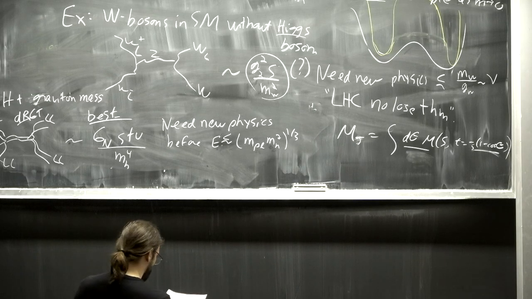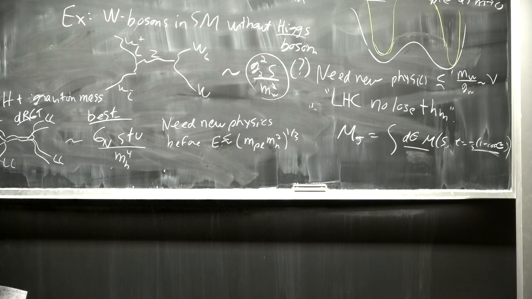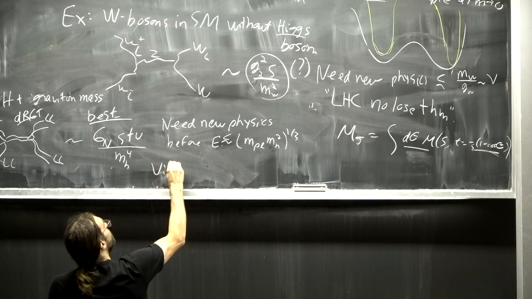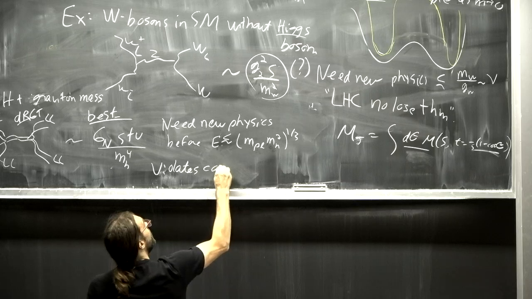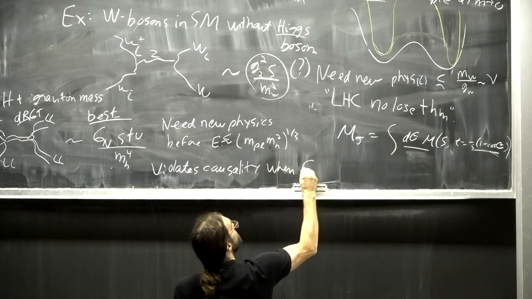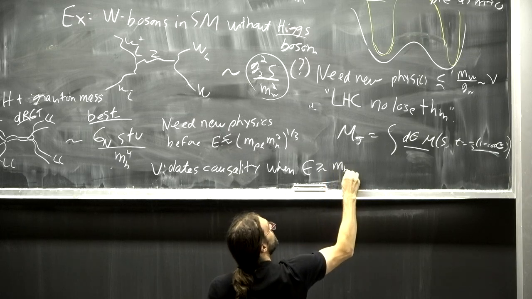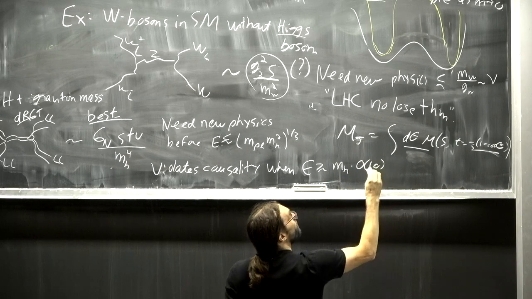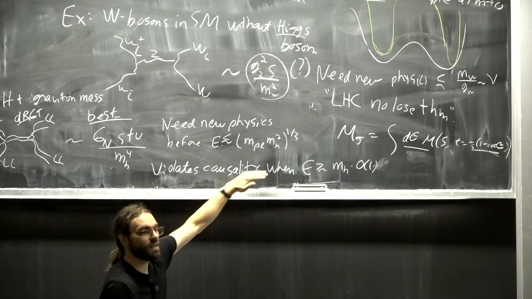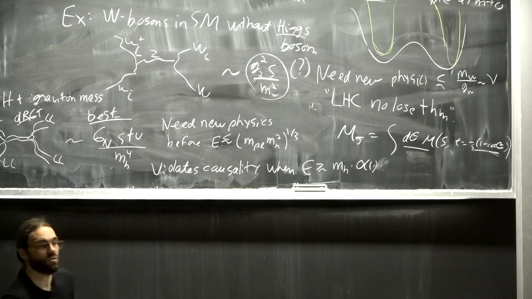It turns out, and this is something that's been done only 2 years ago, and it's going to draw me to my next topic of analyticity and causality, that this theory actually violates relativistic causality when energy is of order the mass of this graviton times some order 1 number, or order 10 in this paper. So actually you get much stronger constraints on this type of modification by thinking carefully about causality arguments that we'll go into next time.